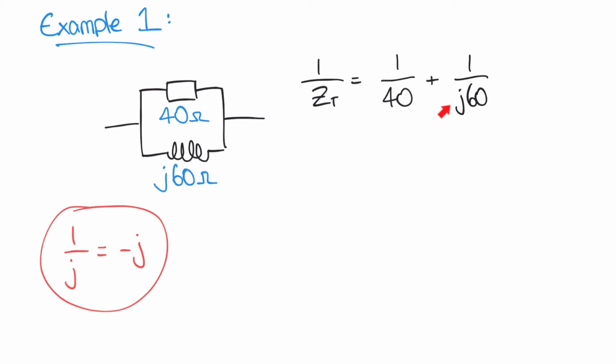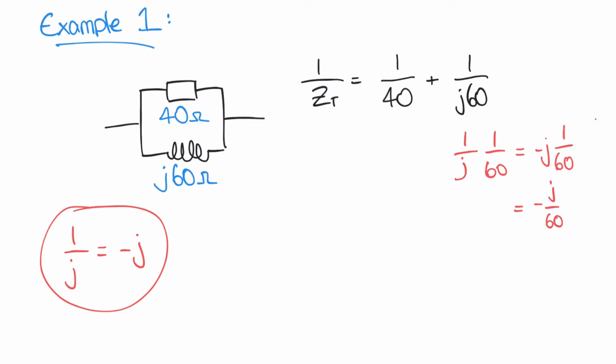Just over at the side here, let's say that 1 over J 60, we could say that that's the same as 1 over J times 1 over 60. And we've just said that 1 over J is the same as minus J. And so that could be expressed as minus J times 1 over 60. Or we could say that that's minus J over 60. These all mean the same thing.